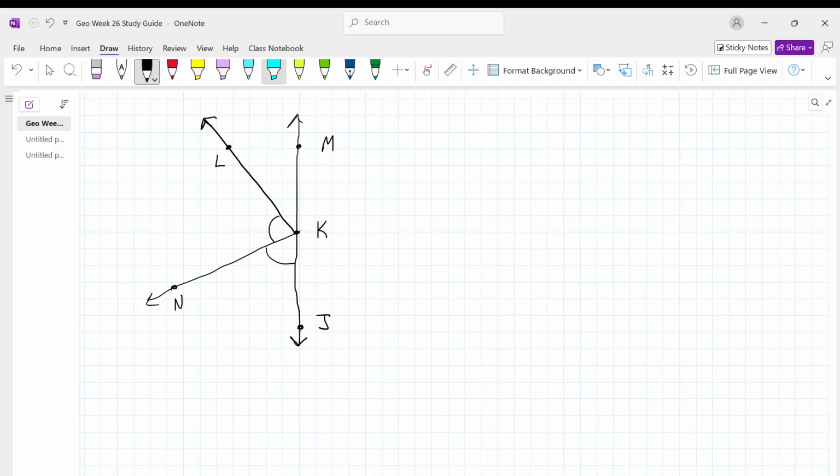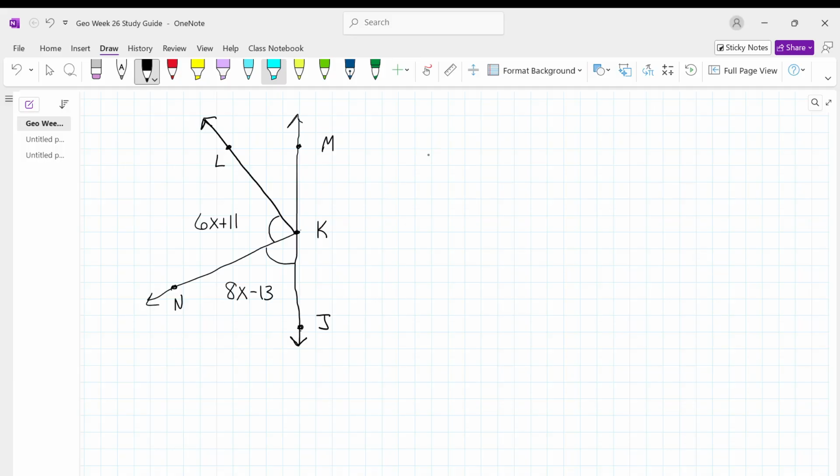Then you're told the measure of angle JKN is 8x minus 13, this angle measure right here, and NKL is 6x plus 11. So this angle up here is 6x plus 11.